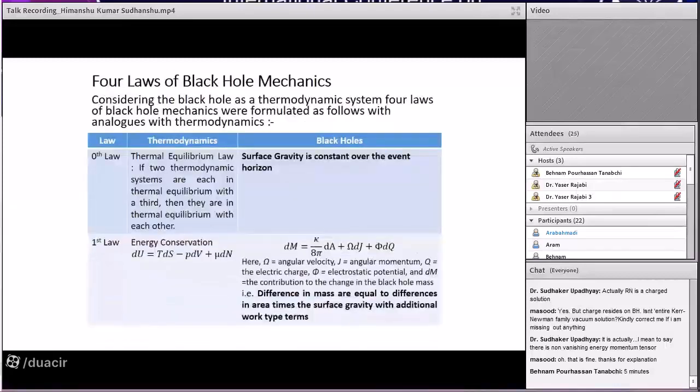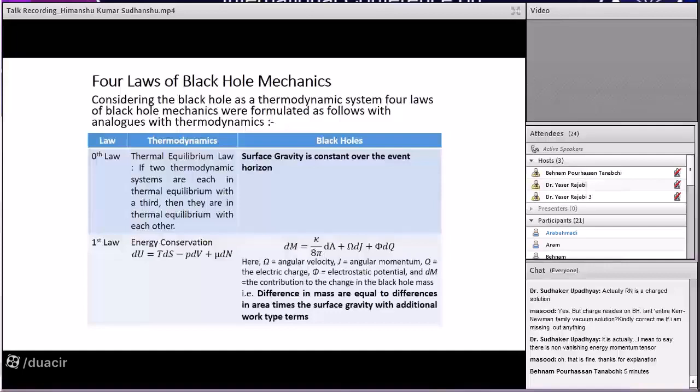Based on all this analogy, four laws of black hole mechanics have been formulated and found to be analogous to those of the thermodynamic system. For example, the zeroth law of thermodynamics talks about thermal equilibrium.